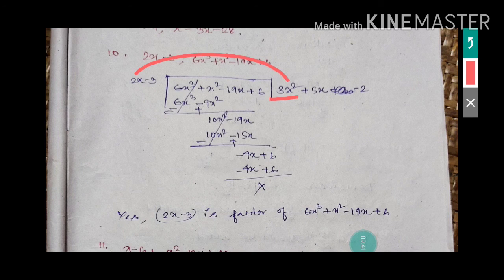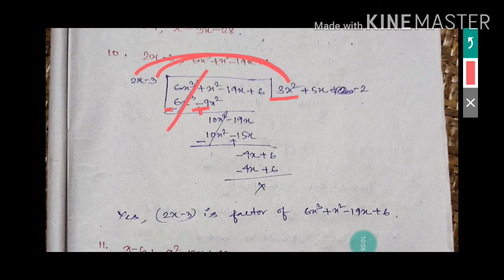So 2 into 3x square is 6x cube. The next term is minus 3. So minus 3 into 3x square, how much will it be? 3 threes are 9, and x into x square will be x square. Already minus is there, so it will be minus 9x square. Now here plus is there, it will be minus, here minus is there, it will be plus, so this gets cancelled.